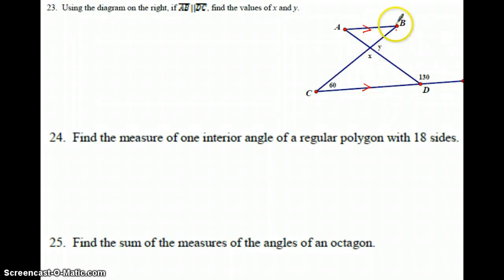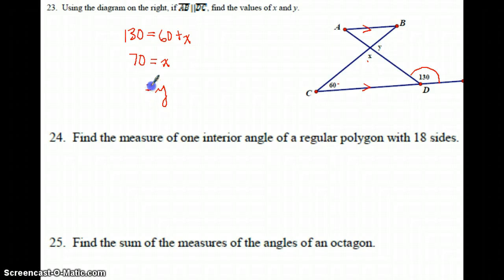I'll use the exterior angle theorem first to say that 130 equals 60 plus x. That tells me x is 70. Well, if x is 70, y is easy. Y is a linear pair with that, so there you go. Nothing to do with the parallel AB.